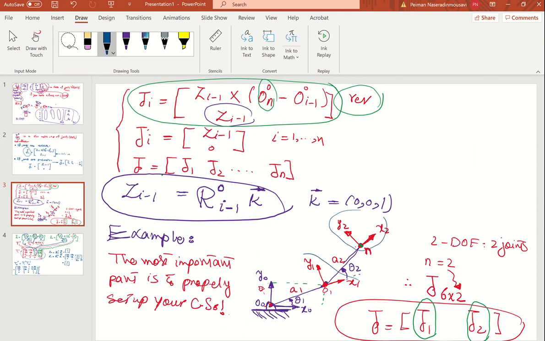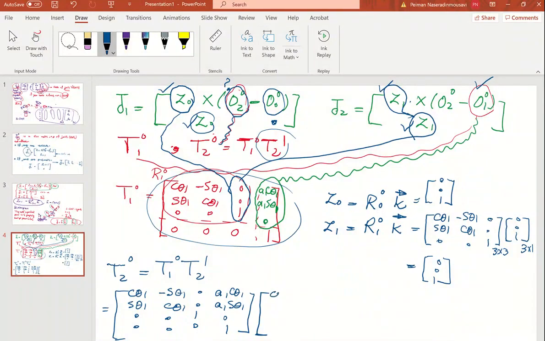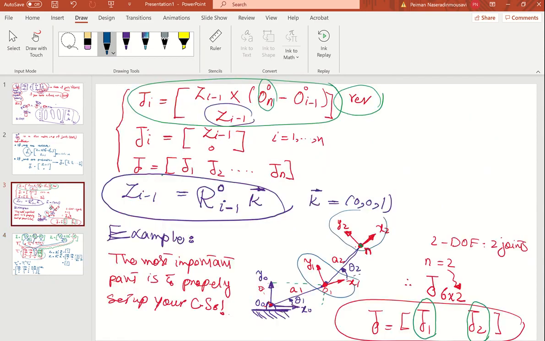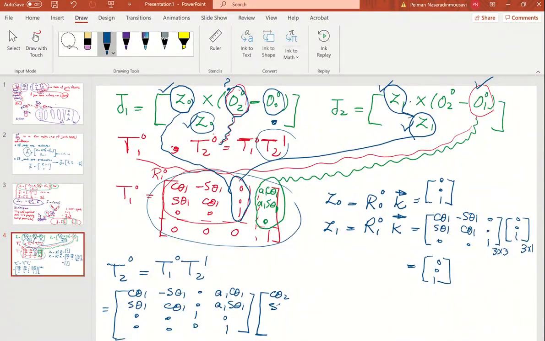Coordinate 2 with respect to coordinate 1. X2 with x1 is going to be cosine theta 2. So x2 with respect to y1 is going to be sine theta 2. Both of these are out of the page, so they are 0, and this is 0, 0, 0, 1, right?